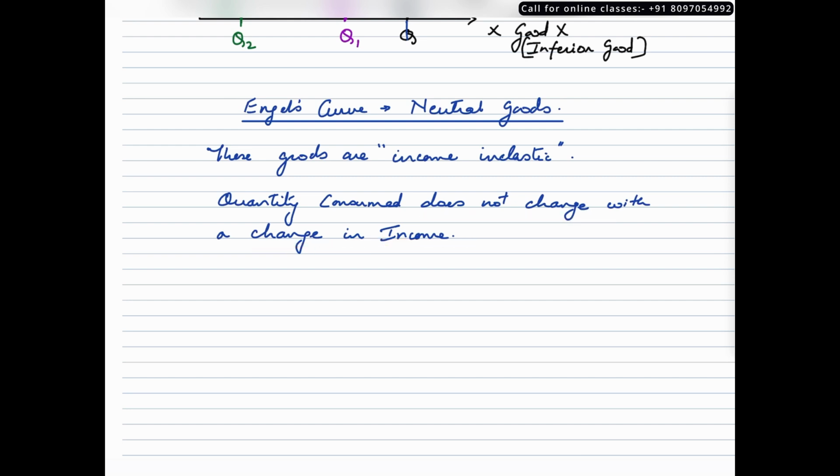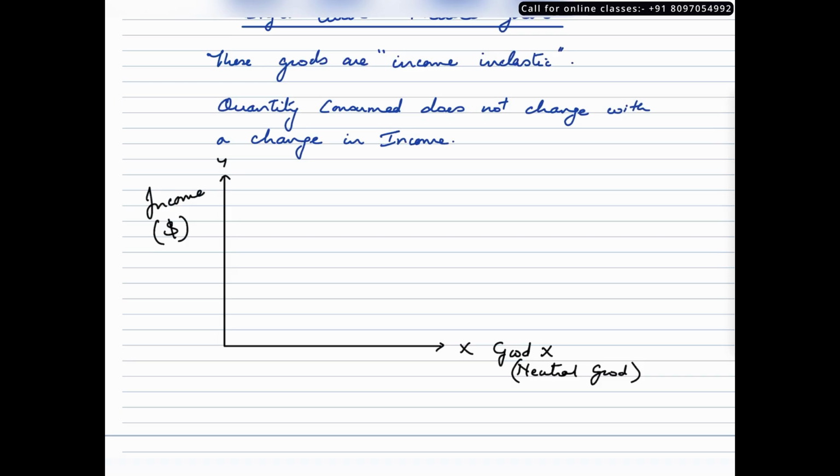Let's see how it would look diagrammatically. So in the case of neutral goods, let us say if the consumer is earning $100 or $200 or $300, he would still consume the same quantity of this commodity, which is Q. Let us say it is here.